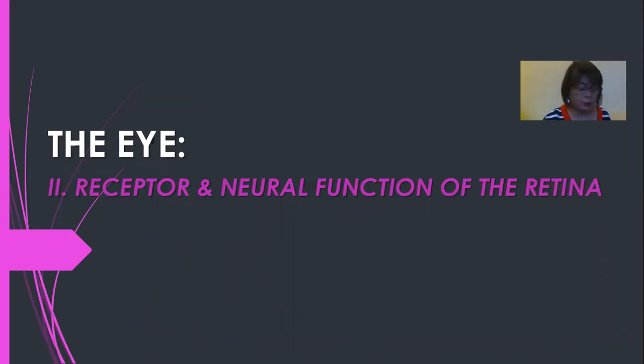So we are now in part two of the physiology of vision. Part two is receptor and neural function of the retina.